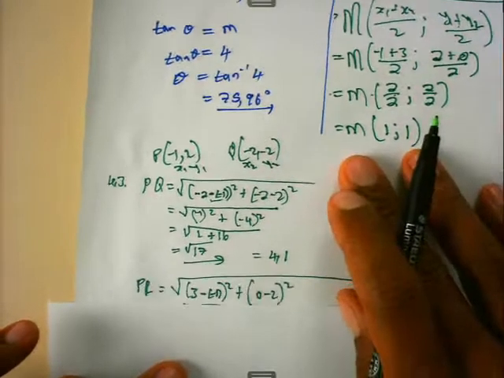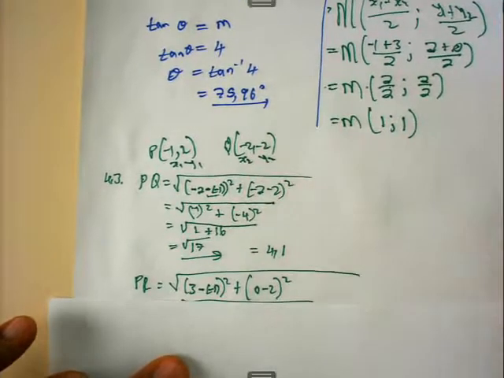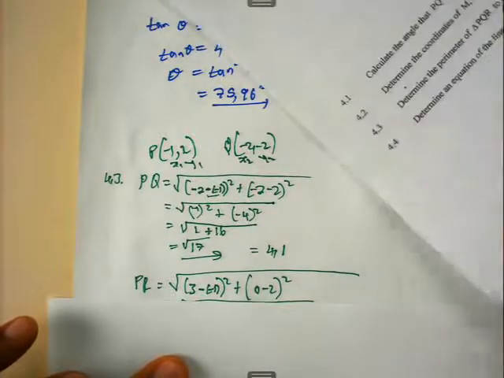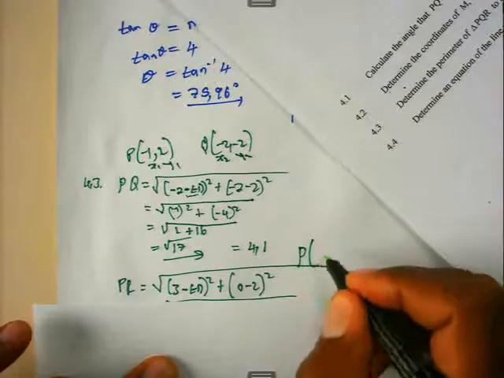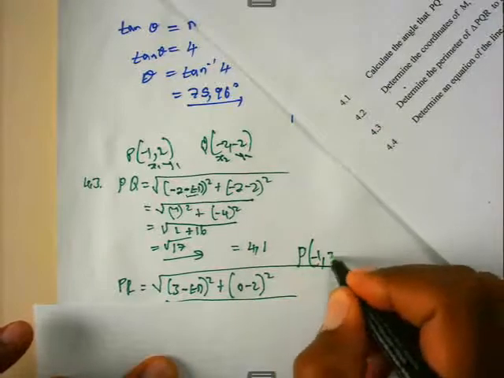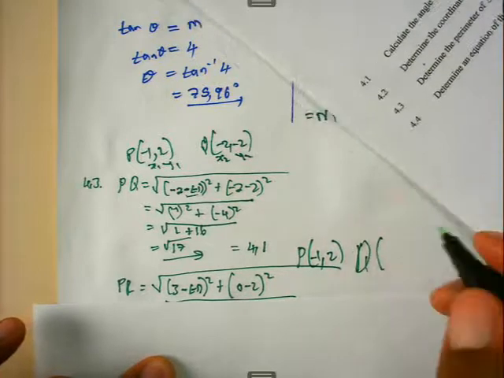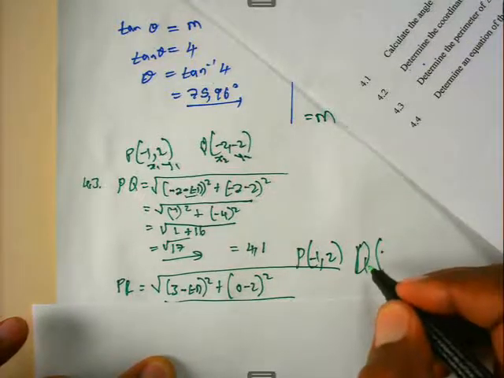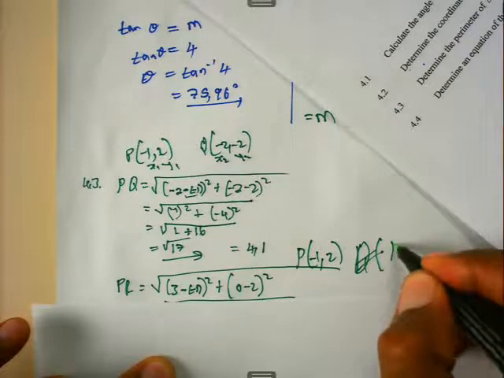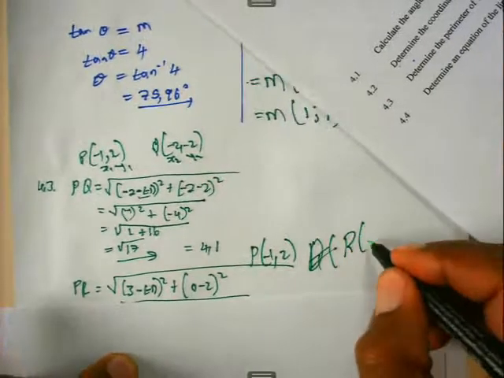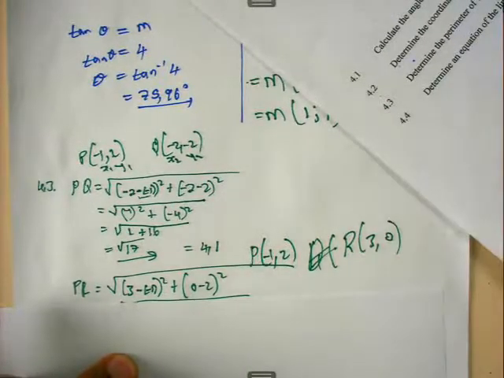Right, now, what about PR? The coordinates of PR there, remember P is minus 1 and 2, and then the coordinates of R will then be 3 as well as 0.